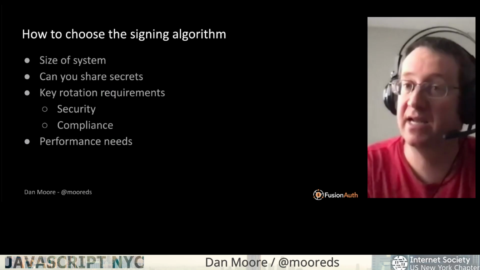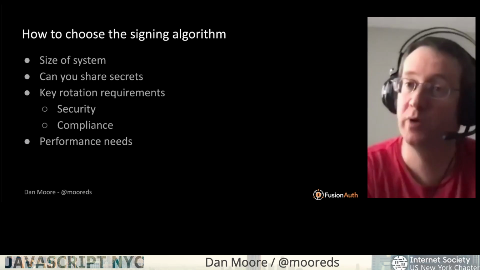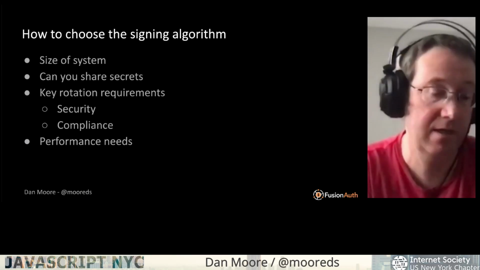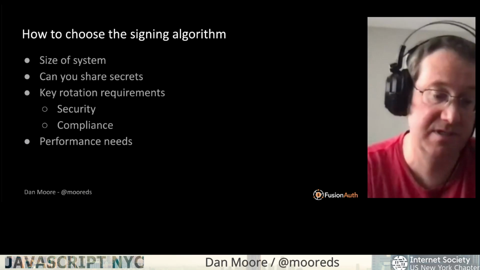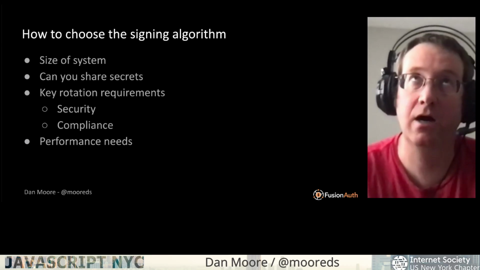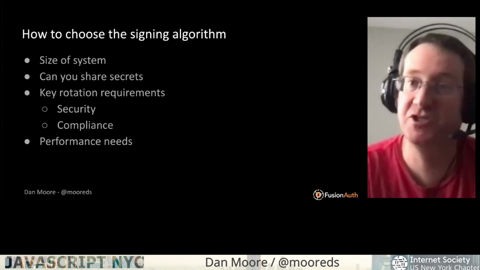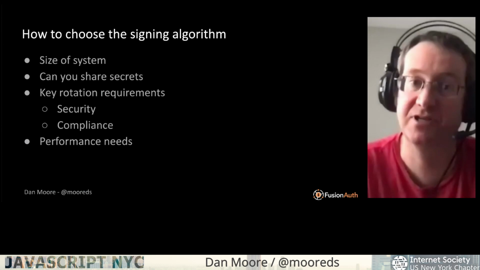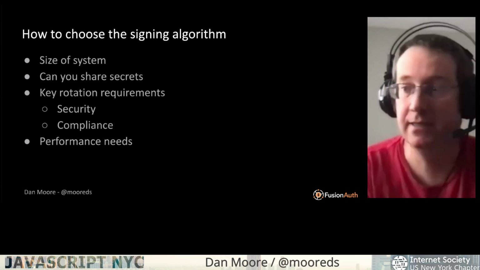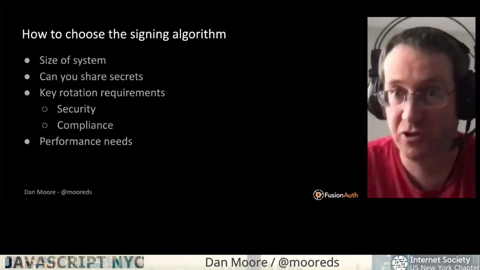Real quick, kind of how to choose the signing algorithm. You want to think about how many different systems you're going to use. You want to think about, can you share secrets? Can you trust the secret to other systems? If that to-do API and the user API are both using a symmetric algorithm to verify the signature, then the to-do API has the same secret as the user API, which means that the to-do API can actually generate a signed JWT that would look just the same as if the user API generated that.